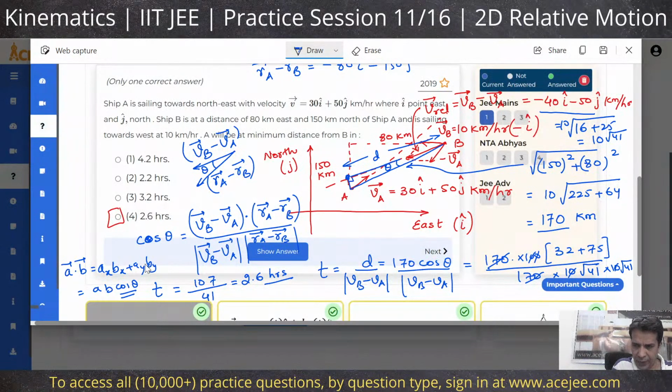Their dot product in unit vector notation divided by their magnitudes. So cos theta is ax bx plus ay by divided by ab. Now we will try out Manan's method and see if we can get to the same result, and we'll see if it gives us some advantage from time perspective as well.